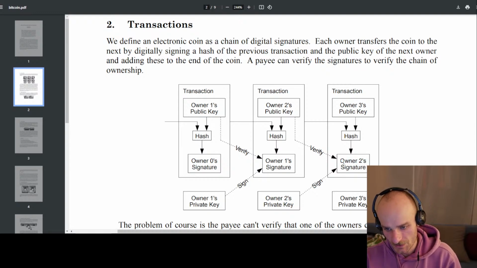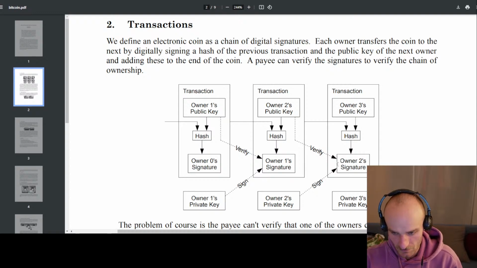So in order to demonstrate that he has the right to give his money to owner 3, he will need to sign the transaction with his private key.